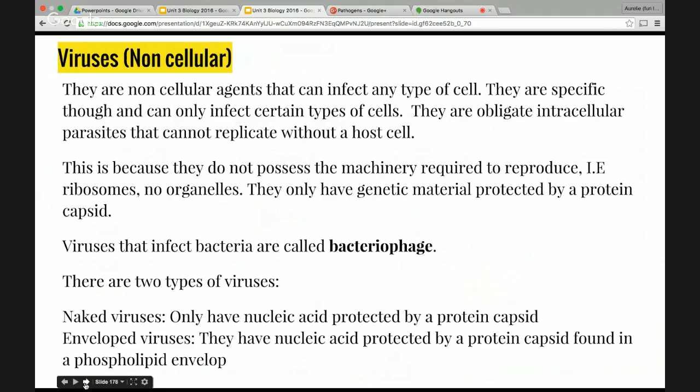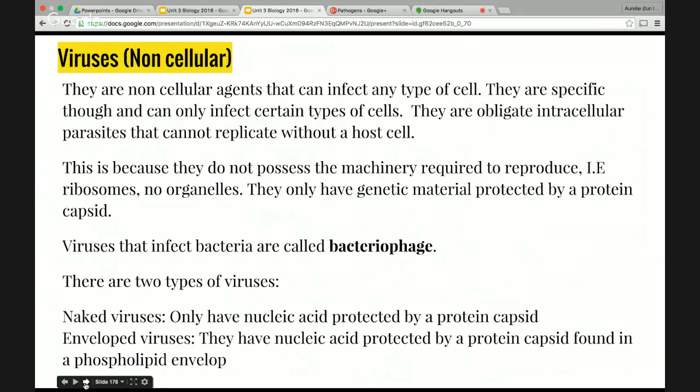They are obligate intracellular parasites that cannot replicate without a host cell. This is because they do not possess the machinery required to reproduce. For example, viruses do not have any organelles, they do not have any ribosomes, they don't have the rough endoplasmic reticulum.